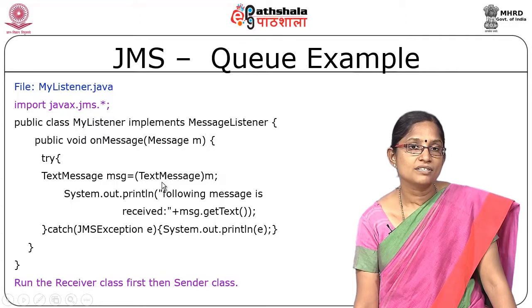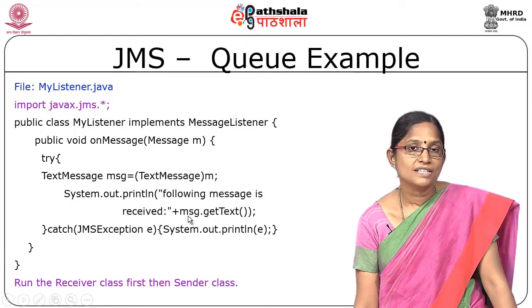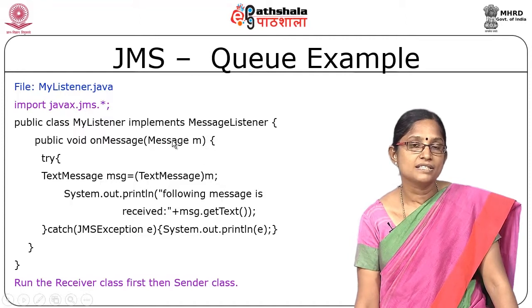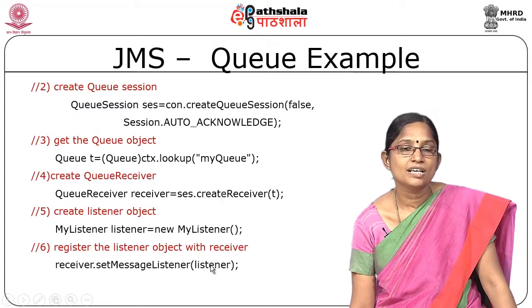What happens here is first it creates a message variable, or a message object, which belongs to the TextMessage type. Now, over that message variable, getText is called, where this msg has been connected with m. This m is nothing but the message that has been received from the receiver object.